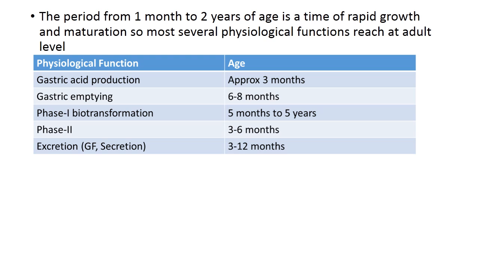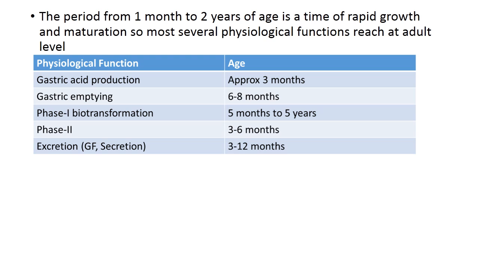Associated with these changes, there are also changes in the physiological functions as there is rapid growth and maturation. For example, gastric pH approximates adulthood by 3 months. Gastric emptying also reaches adult levels by 6 to 8 months. Phase 1 and phase 2 metabolisms also develop gradually.